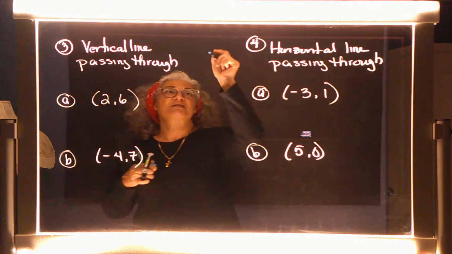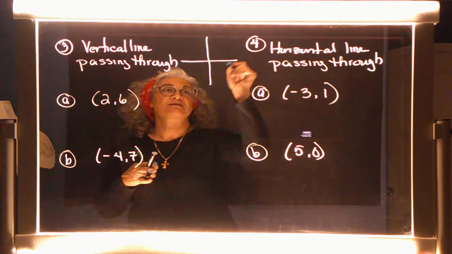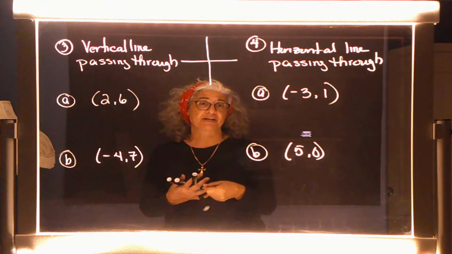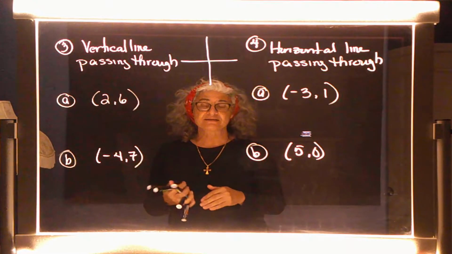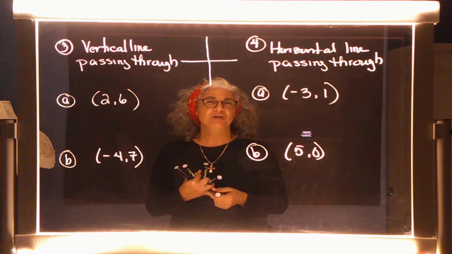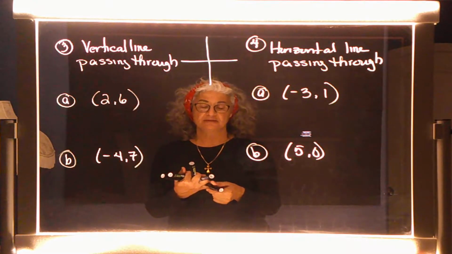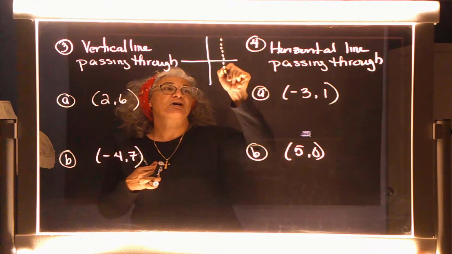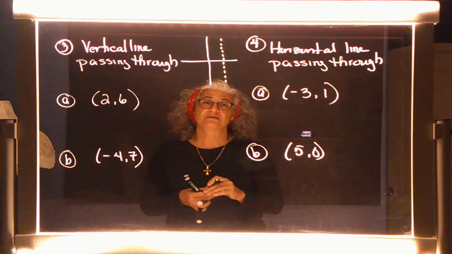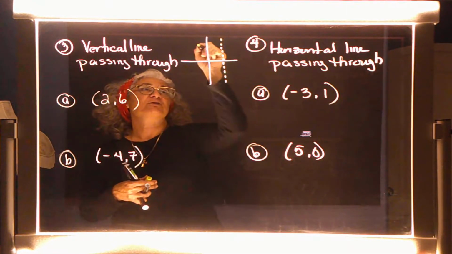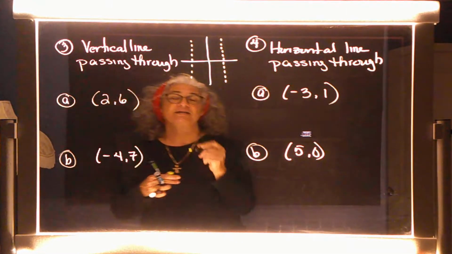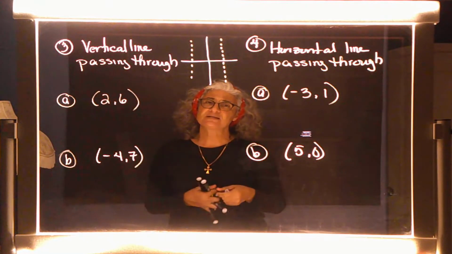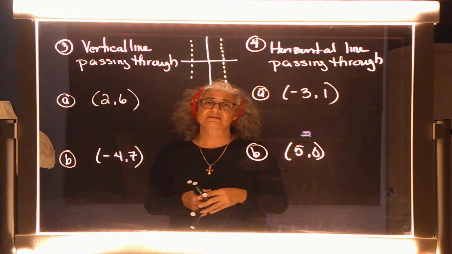So here's the thing. Let me just kind of draw us. There's our Cartesian system, right? Our x, y axes. Agreed? And a vertical line goes which direction again? Good. A vertical line goes up and down. And I'm just going to dot it so it's easier to see. So if I draw a vertical line there or even on this side, vertical lines only pass through which axis?